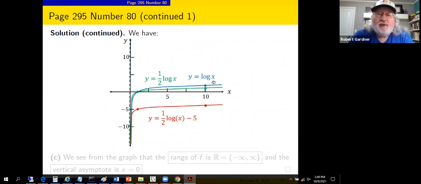So here we go. In blue, we've got the log function. In green, we've multiplied all function values by 1/2. So the green function is supposed to correspondingly have points 1/2 the distance from the x-axis. Looks like the scale's off a little bit over here on the right. The green point should be 1/2 as far from the x-axis as the blue point is.